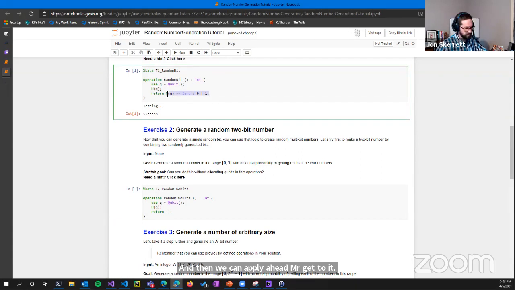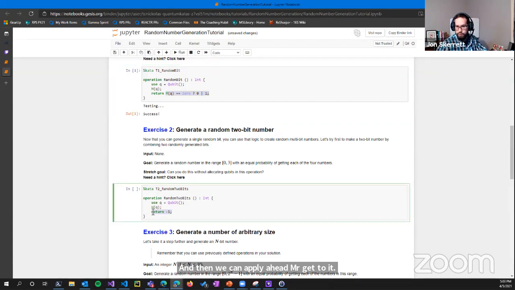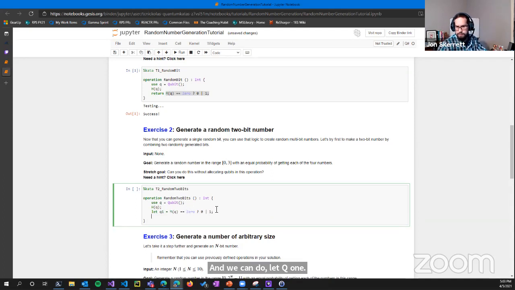And then here, we've got a measurement of the qubit, and we can do let Q1 equals that. And then we can basically do the same thing. You can use another qubit.